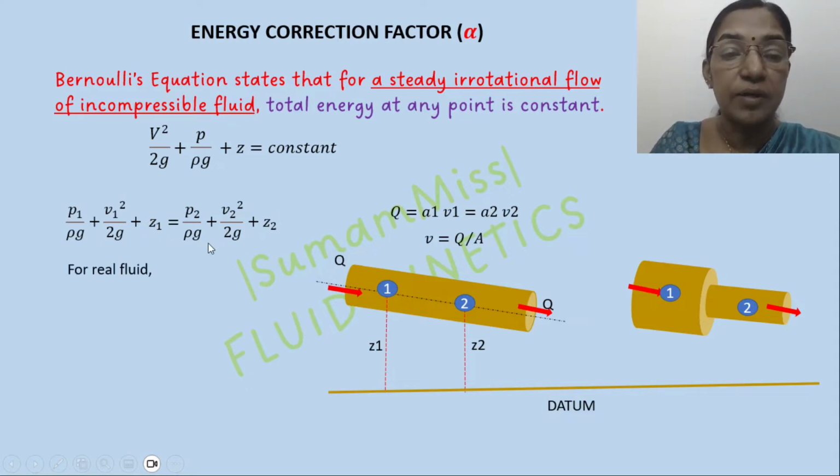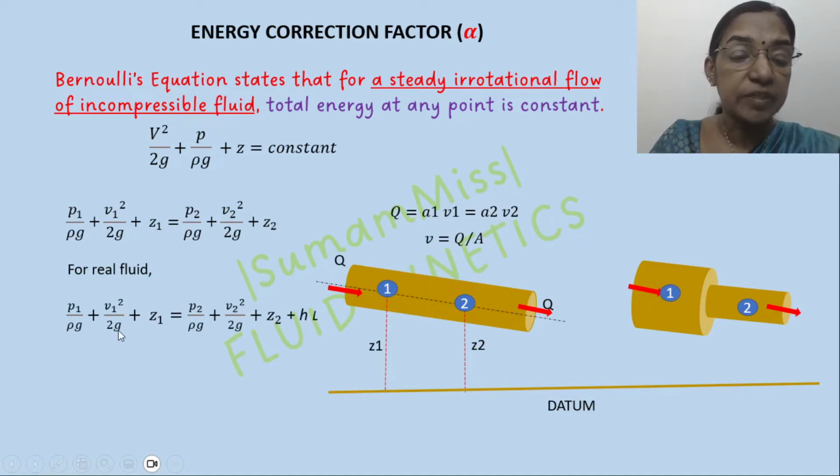But for real fluid, we have to consider the losses taking place when the fluid moves from section 1 to section 2. So for real fluid, this equation is modified as P1 by rho g plus V1 square by 2g plus Z1 equal to P2 by rho g plus V2 square by 2g plus Z2 plus HL, that is the head loss.